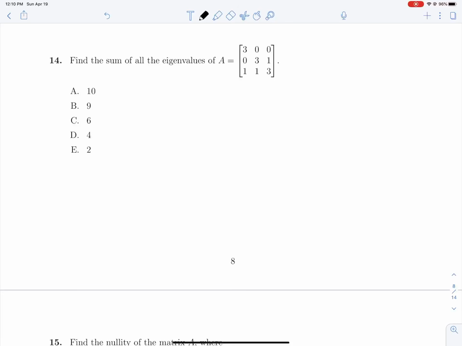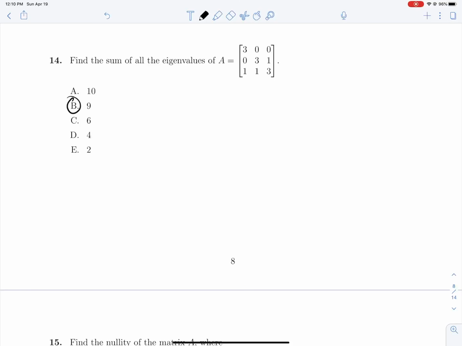Excuse me, 14. Let's find the sum of the eigenvalues of A. One of the coolest things, I still don't know why it works. I have no idea at all why it works. But the sum of the eigenvalues of a matrix is equal to the sum of the main diagonal entries of that same matrix, so the trace of the matrix. And in this case, it's just 9.